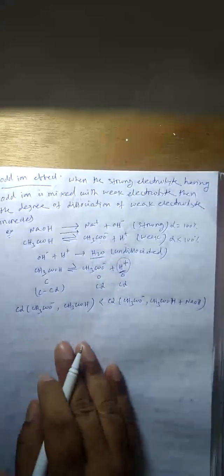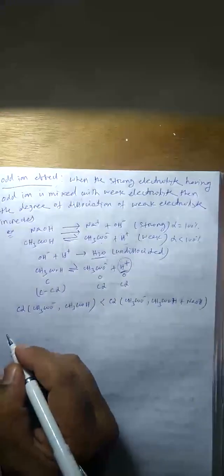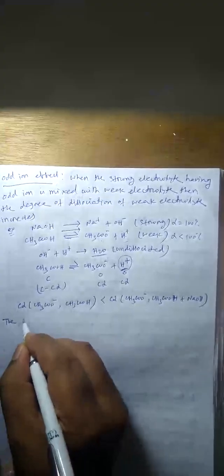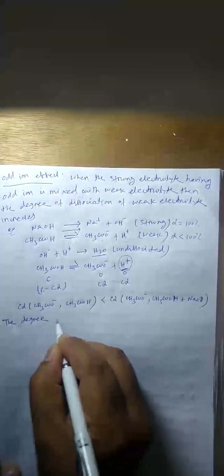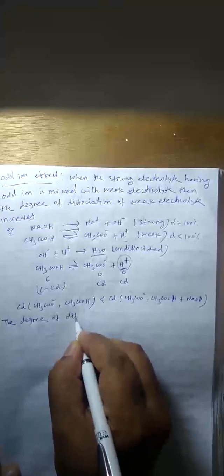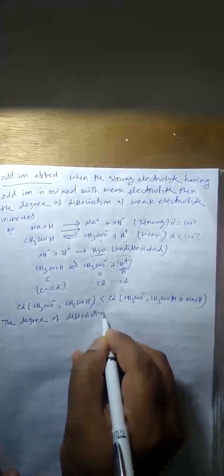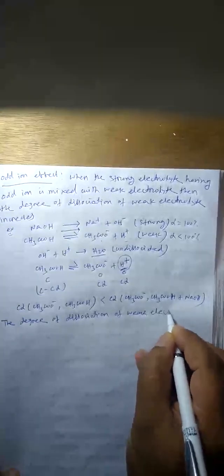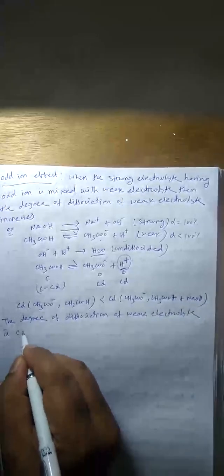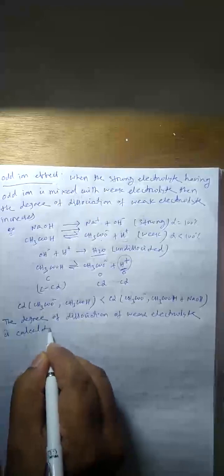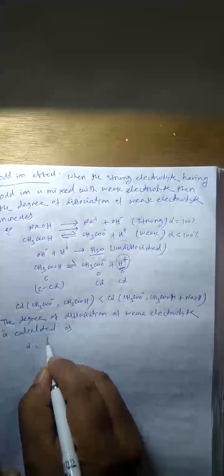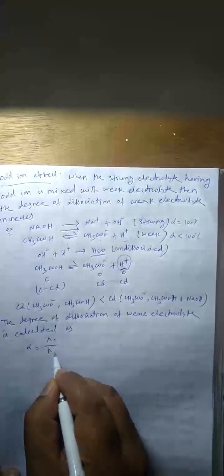But how you calculate the degree of dissociation, we already discussed. The degree of dissociation of a weak electrolyte is calculated as follows. Suppose alpha is the degree of dissociation, then alpha is lambda C by lambda naught.